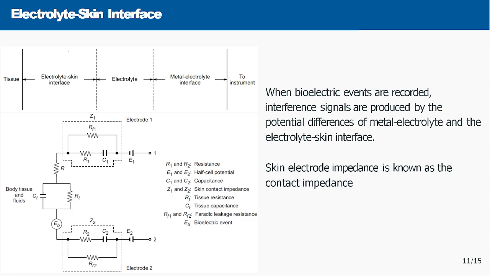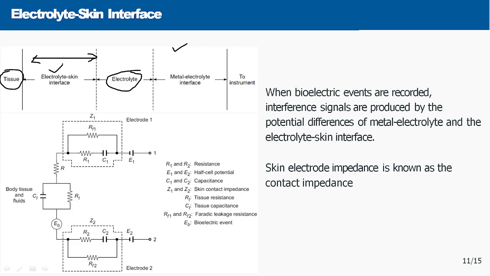Now, when we place the electrode on the surface of the skin or the surface of the body, the interface looks like this. We have the tissue, then over that tissue we place some electrolytic jelly, and there is an interface between the tissue and the electrolytic jelly.